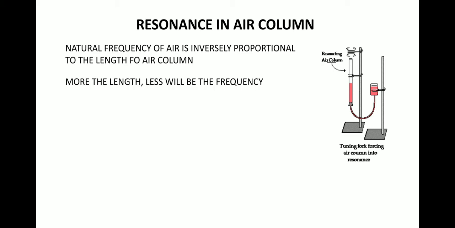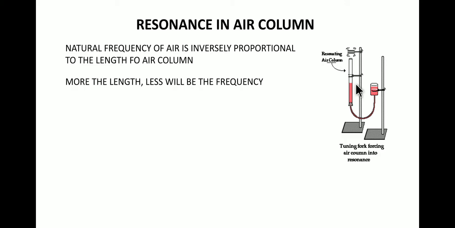Now, the vibrating tuning fork is held just above the mouth of the tube, and it produces forced vibration in the air column. When the frequency of the air column is decreased by increasing the length of the air column, at a certain level, let's say at this point, a loud sound is heard.